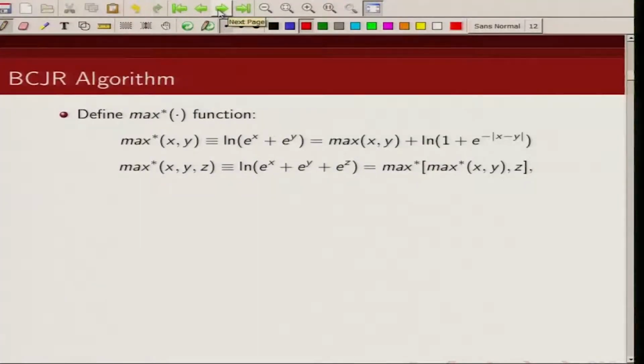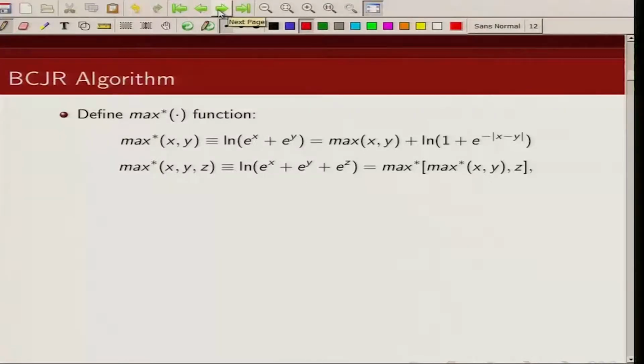So, let us review the BCJR algorithm very quickly. We have already derived the expressions for the channel matrix, the matrices that we need to compute in the BCJR algorithm, so we are just going to directly write the expressions. Now, I just want to introduce an operator which I call the max star operator. What is the max star operator?